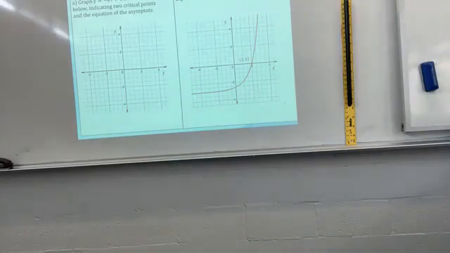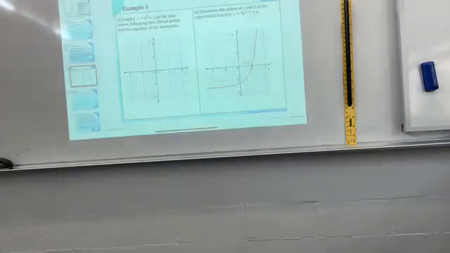Now, what would I do in the first place? The first thing I would do is, you know that that will be the asymptote, correct? All right? Let's draw a line.